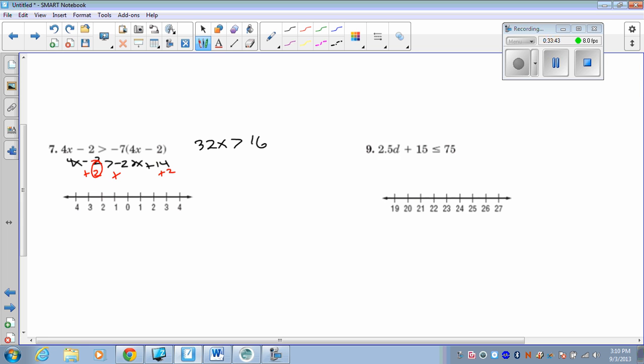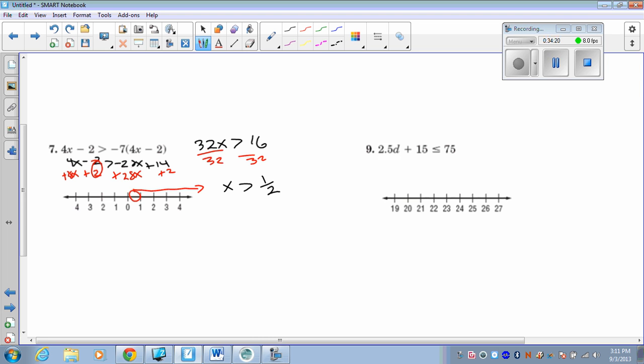I added 28x to make that cancel. Divide by 32. And 32 divided by 32 cancels out. You got x is greater than 16 over 32. Really reduces down to just little old 1/2. 1/2 is somewhere in between 0 and 1. I'm going to draw an open circle because it's strictly greater than, not greater than or equal to. And it's greater than, so we're going this way.